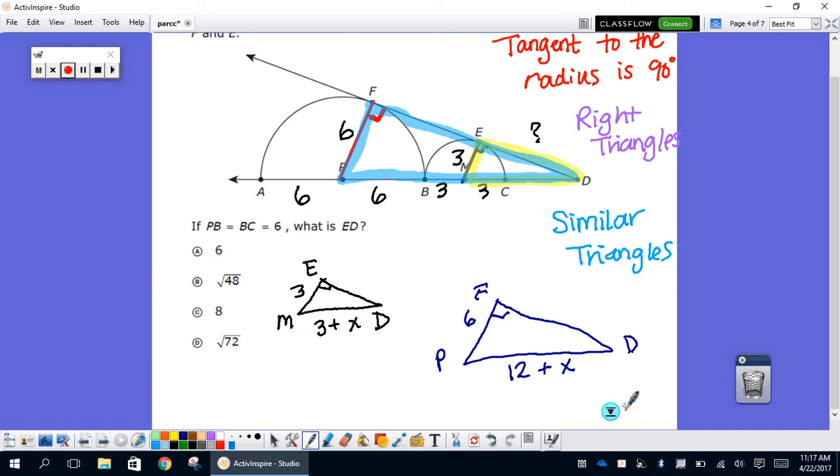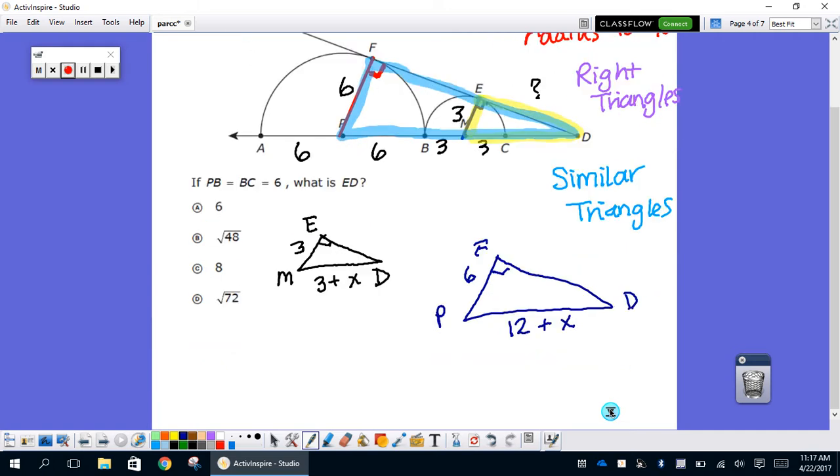Okay, so now we are going to use similar triangles. Okay, so if we do 3 to 6, so 3 over 6 is going to equal 3 plus X over 12 plus X. Okay, and then you would have to cross multiply.